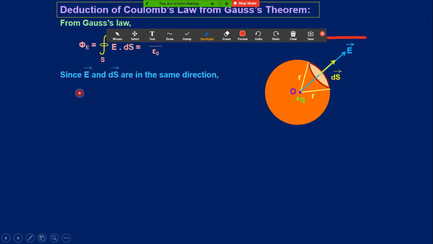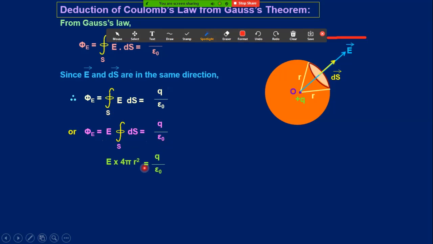So here we can write phi of E is equal to Q divided by epsilon naught. Now the integration of ds is equal to 4 pi r square, and it becomes E into 4 pi r square is equal to Q divided by epsilon naught.